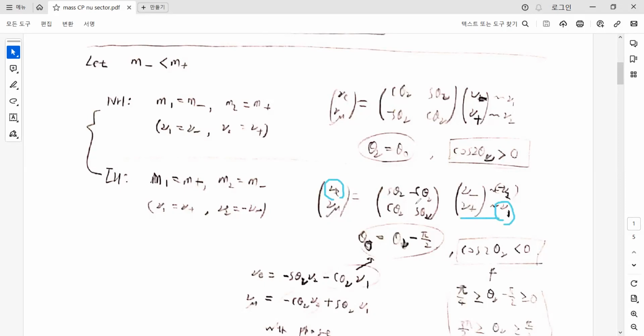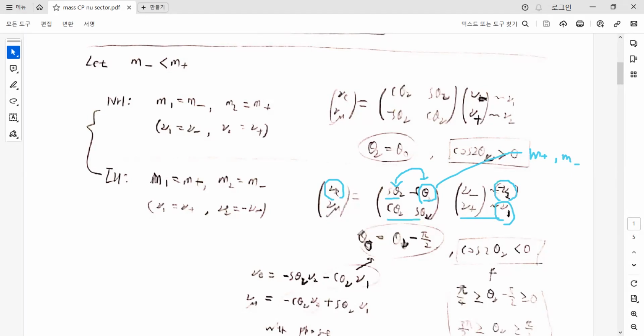So you can assign theta ν, where theta ν is the M plus, M minus mixing angle, such that cosine theta ν is located for ν1 and sine theta ν for ν2. So the positions of cosine theta ν and sine theta ν are exchanged in the inverted hierarchy case.